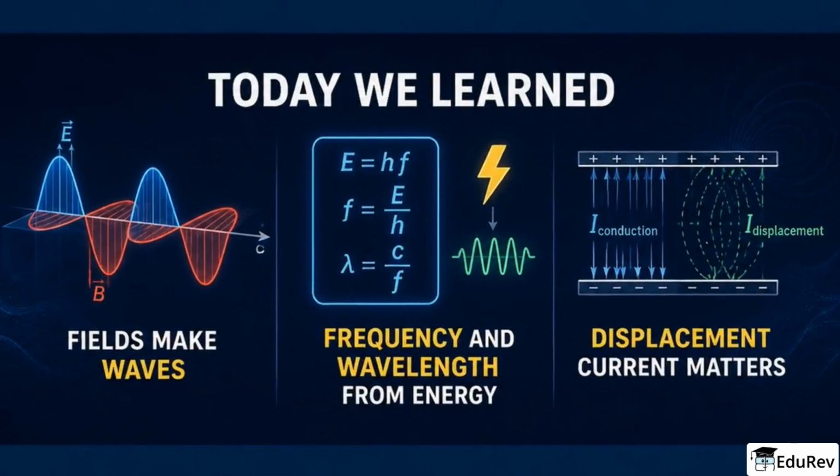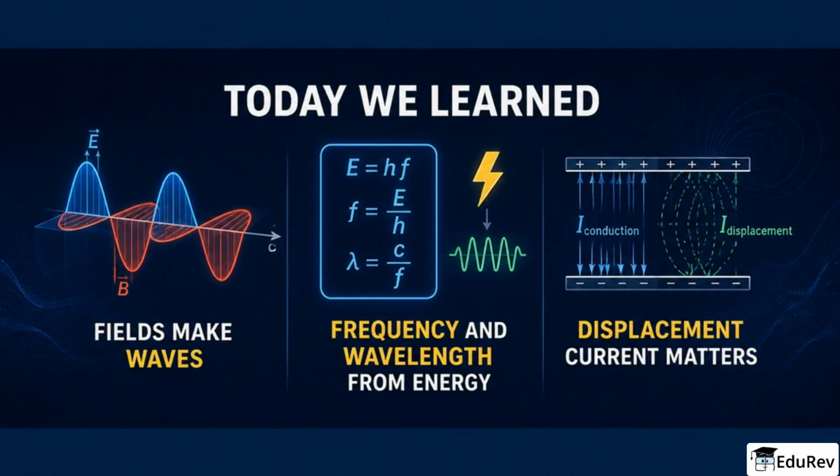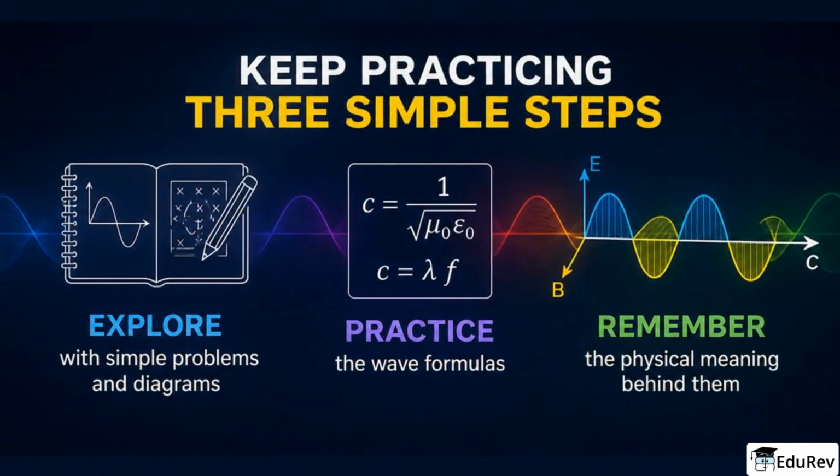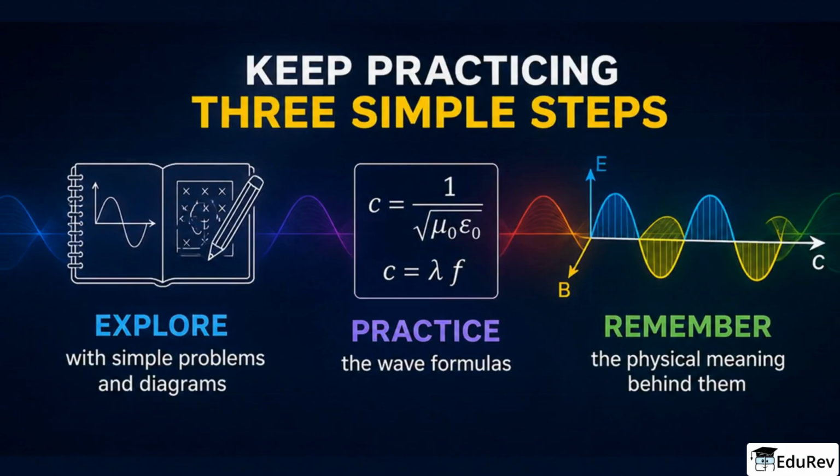So today we learned how fields make waves, how to get frequency and wavelength from energy, and why displacement current matters. Keep exploring these ideas with simple problems and diagrams. Practice the wave formulas and remember the physical meaning behind them.